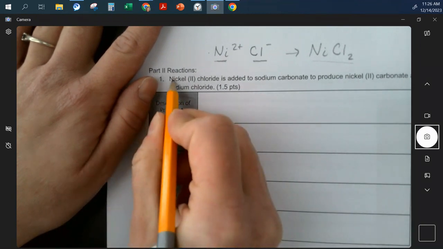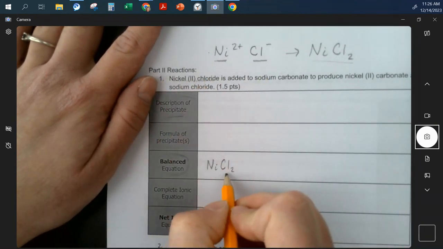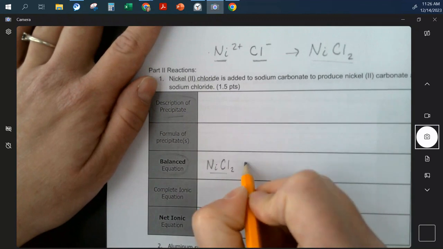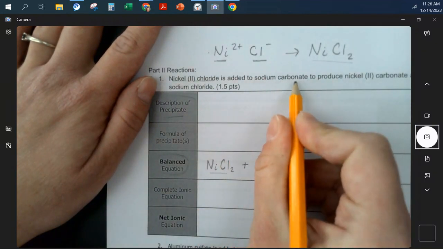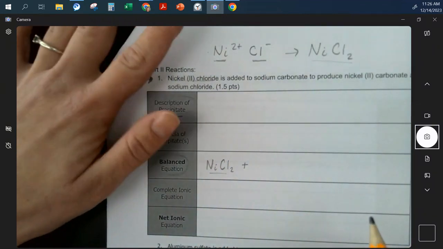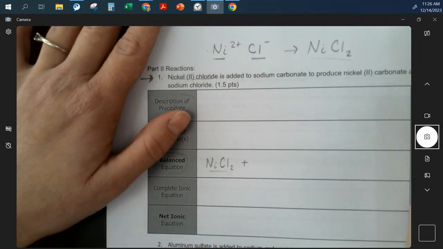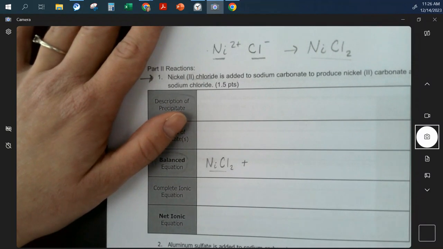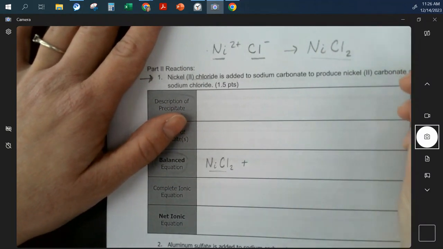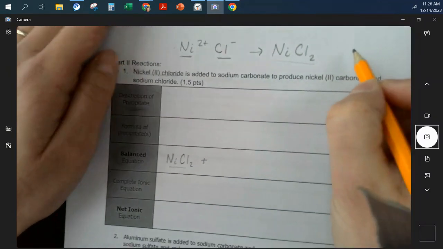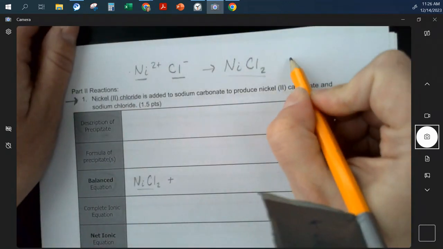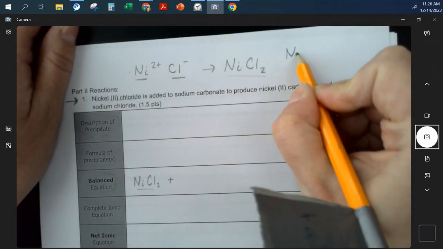Okay, so we have that done. Nickel 2 chloride is added to sodium carbonate. So this one might be in your reactions from before, or we can look at what's the formula. We need to look at the formula again. So we have sodium. What's the charge on sodium?